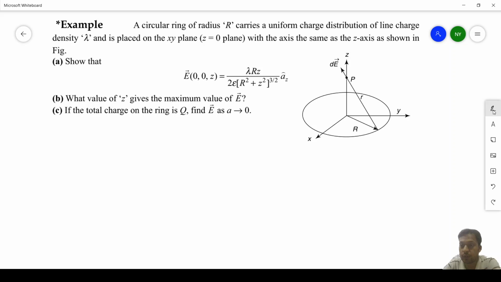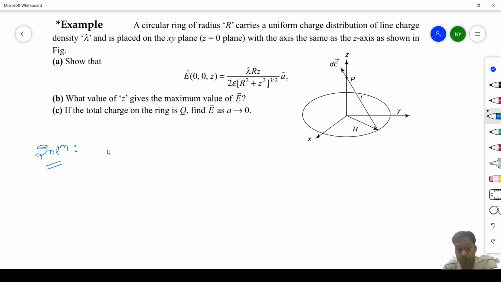For a line charge distribution, the generalized value of electric field can be written as the line integral of rho L dl upon 4 pi epsilon r square, with the unit vector along that, ar.